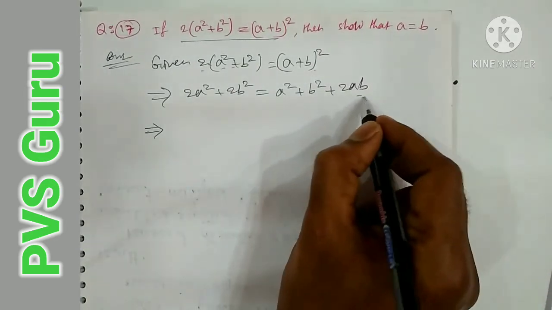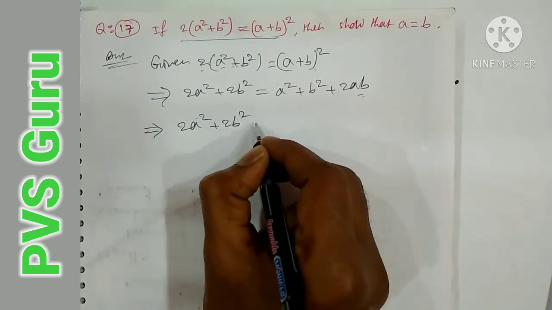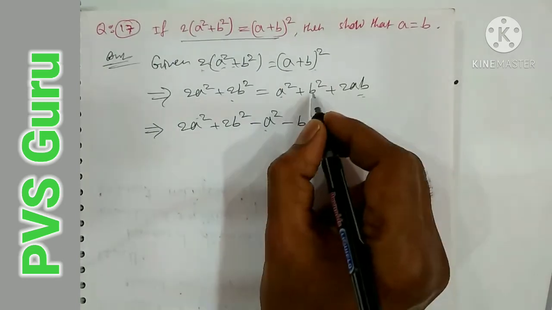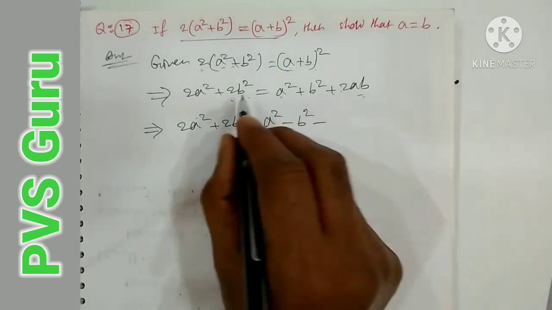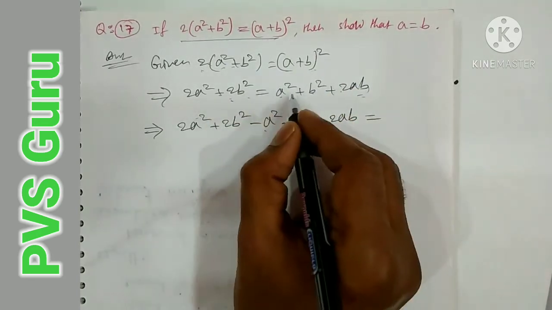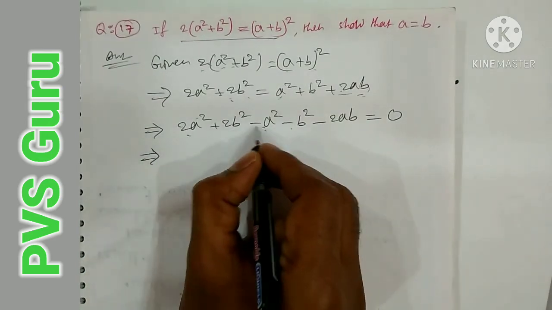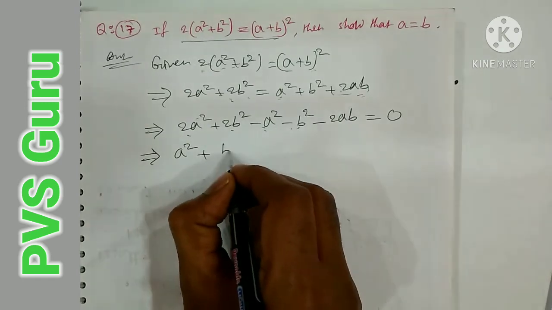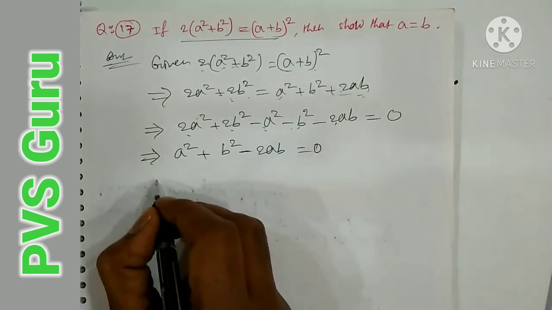Now all these values take to the left side: 2a square, 2b square, minus a square, minus b square, minus 2ab. So all values taken to the left side means here it is 0. 2a square minus a square is a square, 2b square minus b square is b square, minus 2ab is equal to 0.